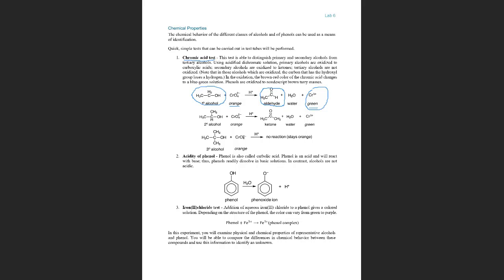So let's understand why tertiary alcohols produce no reaction, a negative test. In order for an alcohol to be able to be oxidized, the carbon bearing the hydroxyl group needs to have at least one hydrogen. In this case, in the primary alcohol, this carbon is bonded to 2 hydrogens.